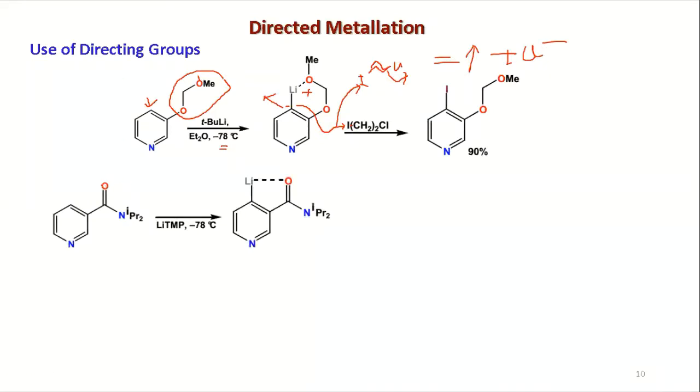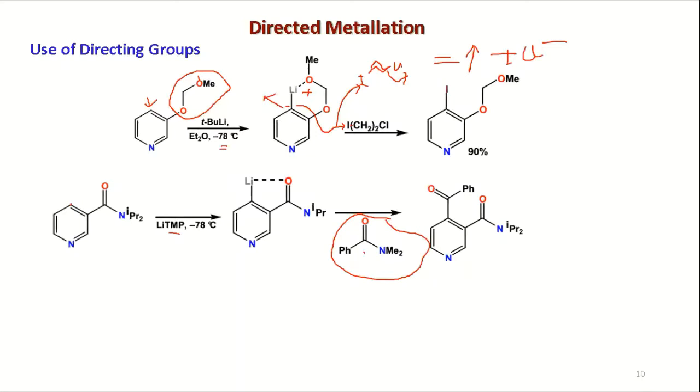First the lithium will be coordinating, and it will allow the butyl to come closer to the center, and it will abstract the proton, and then you have the lithiation at that center. After doing that, you can do whatever you want. You can do many reactions if you use an amide. What is going to happen? This is going to attack here, and this is going to come out.